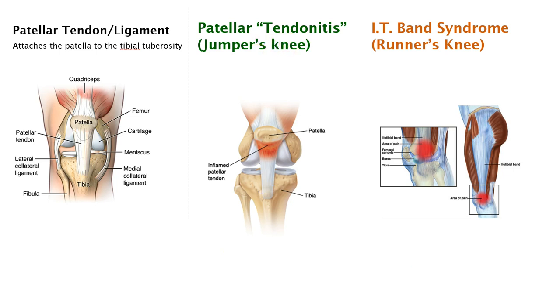Moving laterally, we see what's called IT band syndrome or iliotibial band syndrome. So recall that the iliotibial band is a specialization of the fascia lata, extends down from these muscles and attaches into the anterolateral tibia via Gerdy's tubercle.